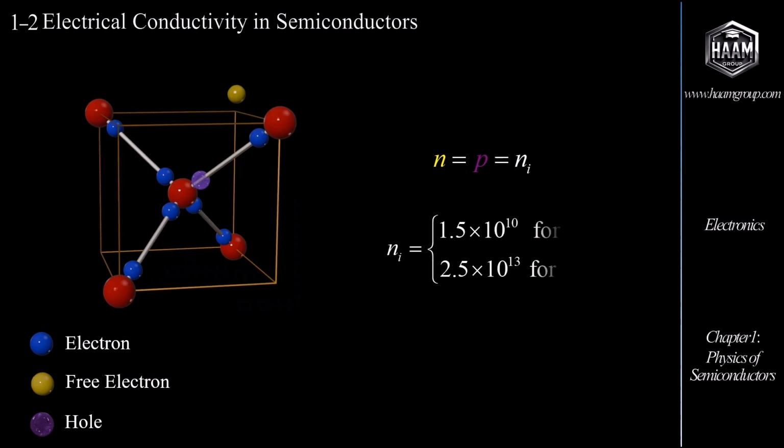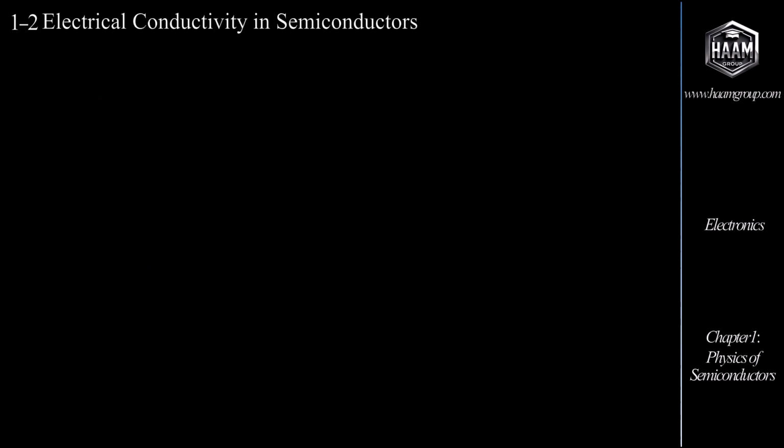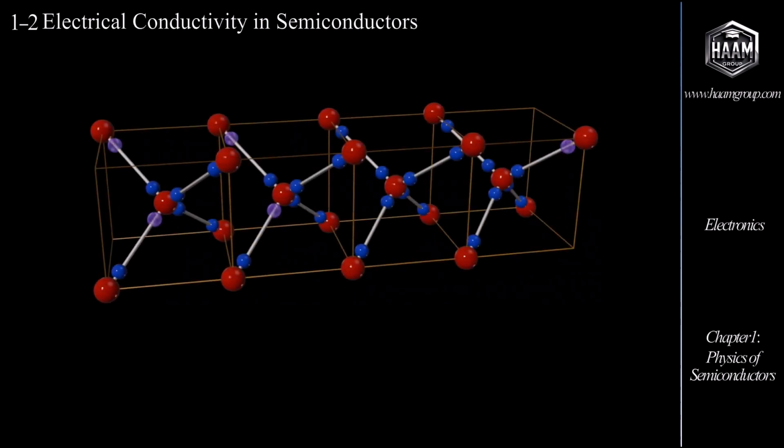Therefore, in a pure semiconductor, under normal conditions, n equals p equals n sub i, where n sub i is called the intrinsic carrier density. So, in semiconductors, in addition to free electrons, which we denoted as n, we must also take into account the vacancies left by free electrons, or holes, which we denoted as p.